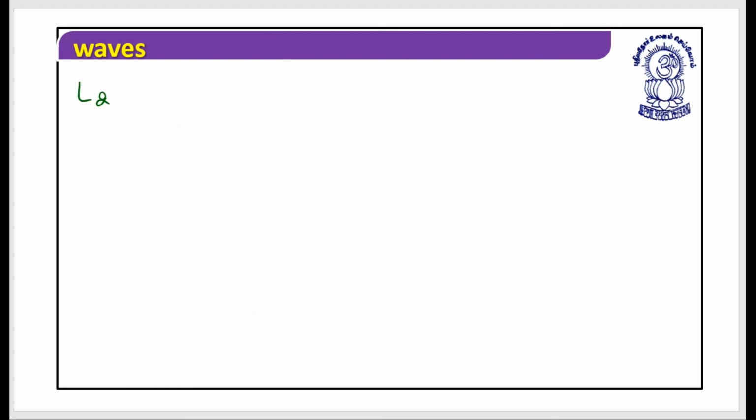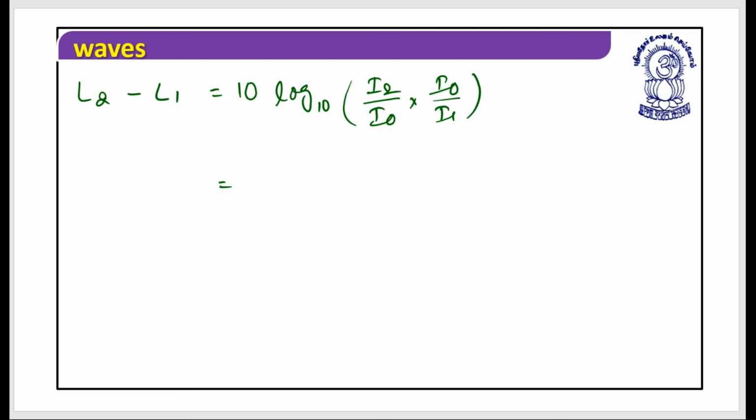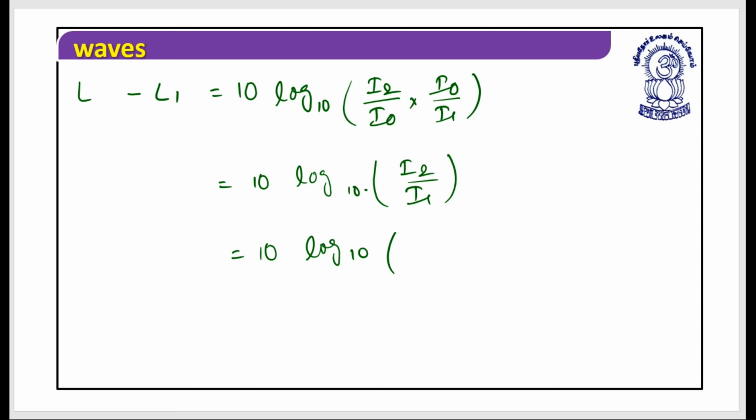So let's find the difference. L2 minus L1 is equal to 10 log 10 of I2 by I naught multiplied by I naught by I1. So this I naught cancels, and this will be 10 log to the base 10 of I2 is to I1, or I1 is to I2. Okay, so let's change this to L1 minus L2.